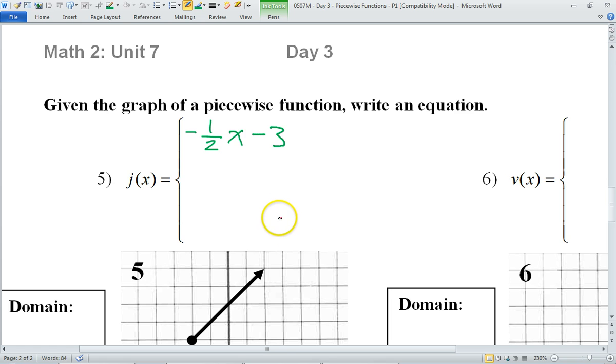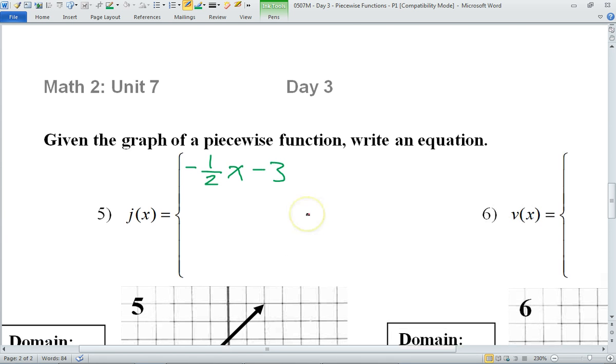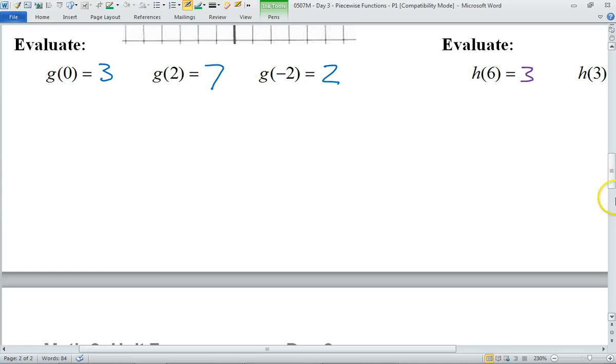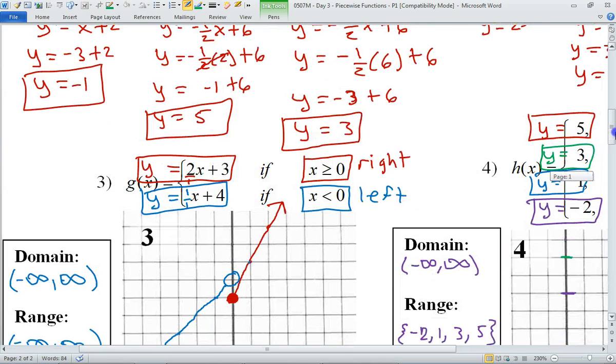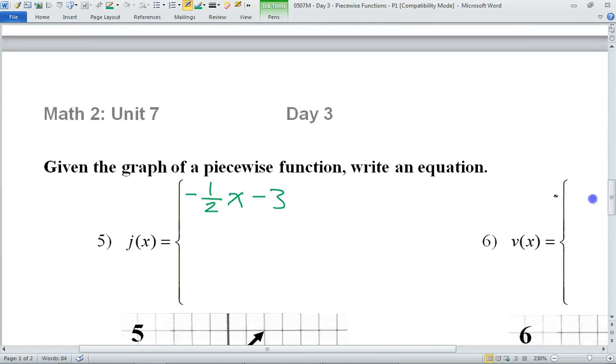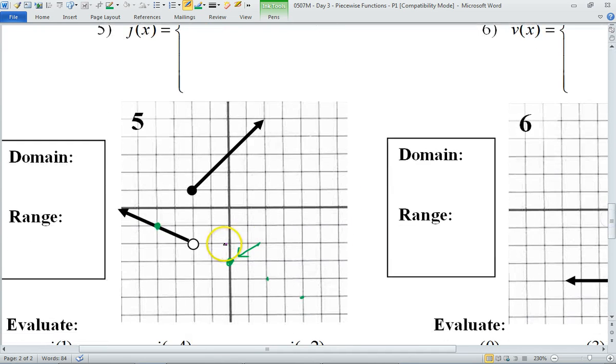Okay? Now, let's look back at some of these other equations to remind ourselves. We need the little part on the end. If x is greater than or equal to something, or less than or equal to something. I need that part now. I need the if part. If x is. Now, looking at this graph, see this open circle right here? What's the x value of this number?